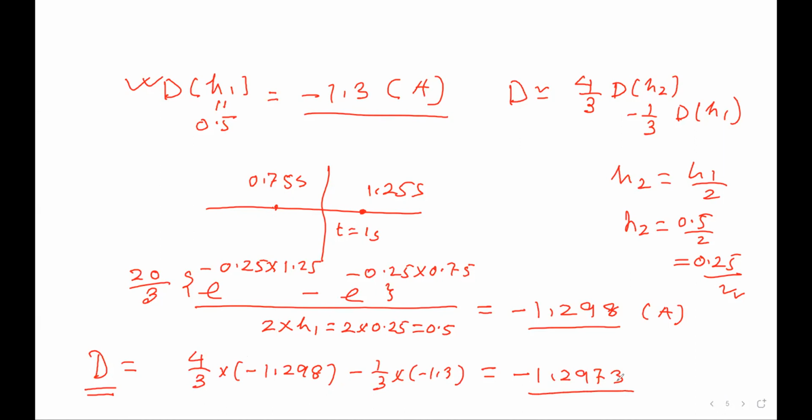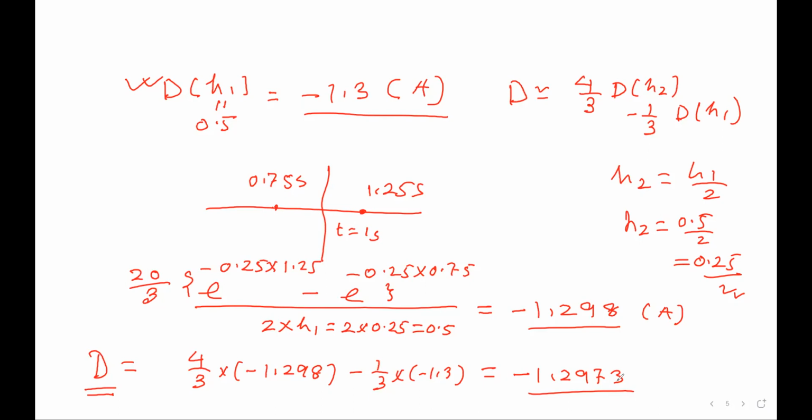Okay, how is it closer to your actual value? Probably this value is more close to your actual value. Your actual value is equal to what? Exponential minus 0.25 multiplied by 20 divided by 3 multiplied by 0.25.